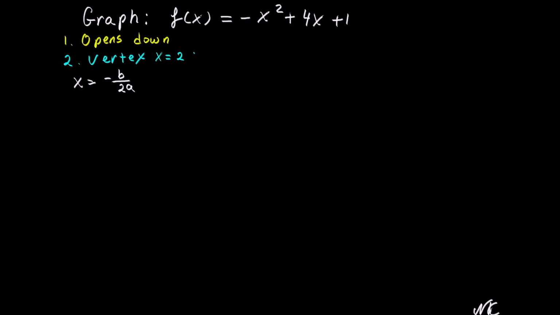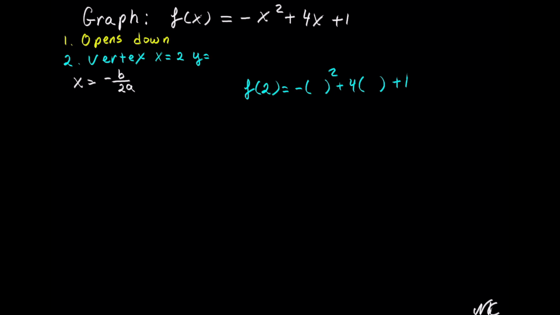Now, to calculate the y-coordinate of the vertex, all we have to do is calculate f of the x value of the vertex, so f of 2, by plugging it into the original equation of negative x squared plus 4x plus 1.